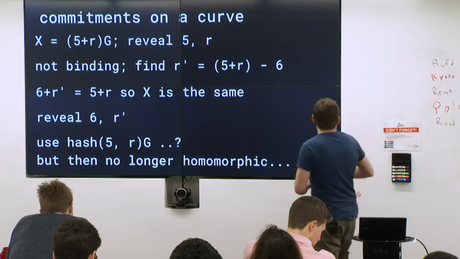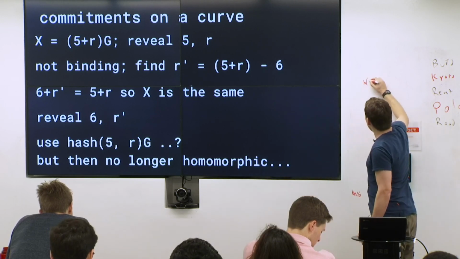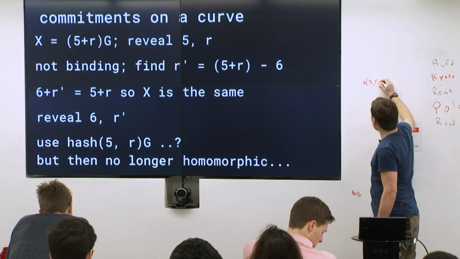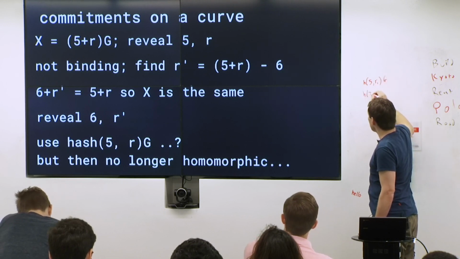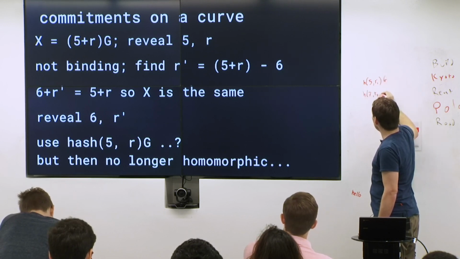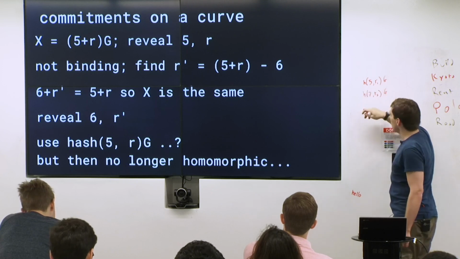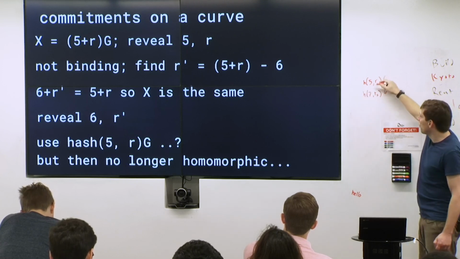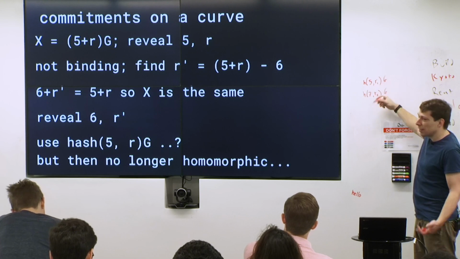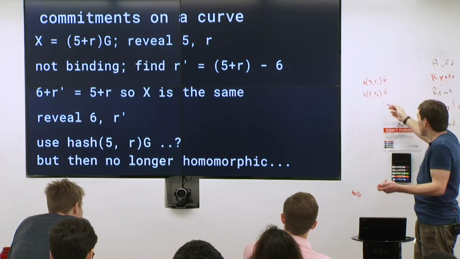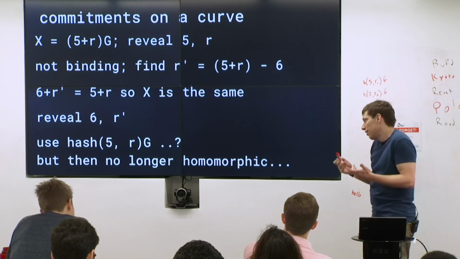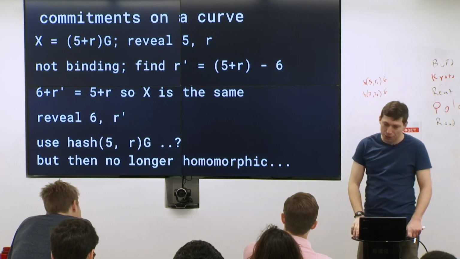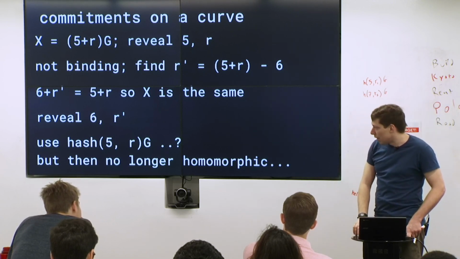So if I have the hash of 5 and r1 times G, and then the hash of 7 and r2 times G, I can't add these anymore and have the 5 and 7 add up to 12, because now it's a hash. And now I've just got these hashes adding, and you don't really get any meaning there. So that doesn't work either. So we're stuck.